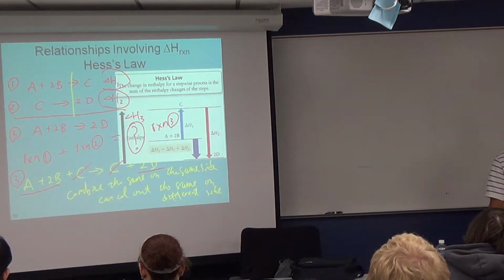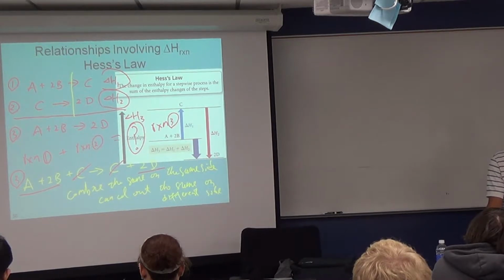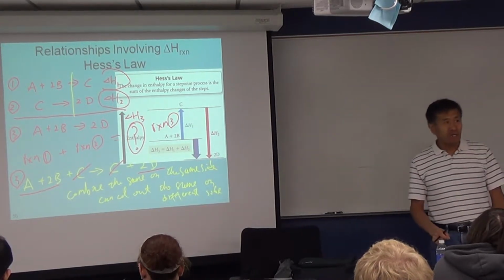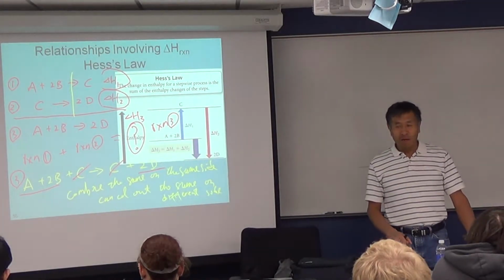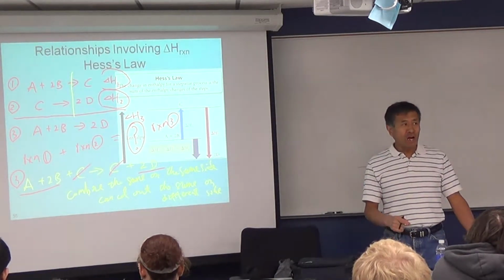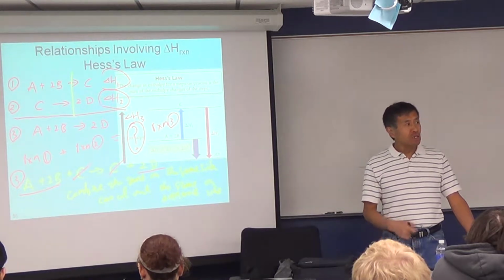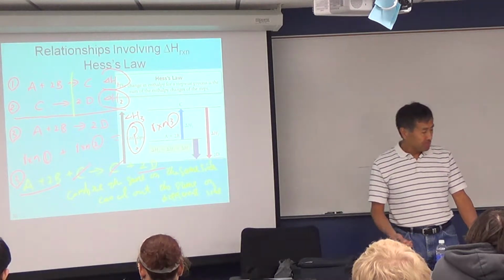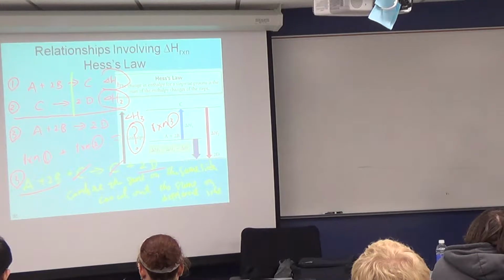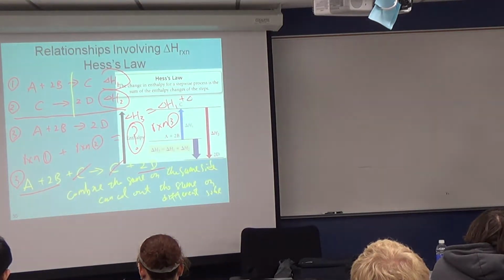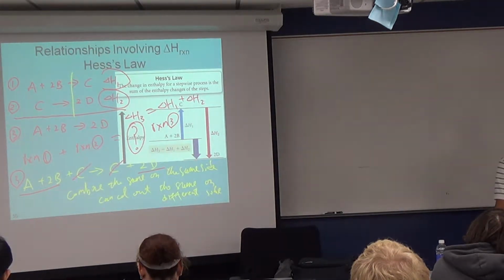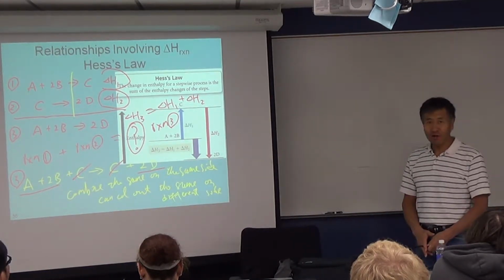So this Hess's law just tells you, because we can get reaction 3 by adding reaction 1 with reaction 2, delta H3 will equal delta H1 plus delta H2. Alright. Understand the Hess's law now?